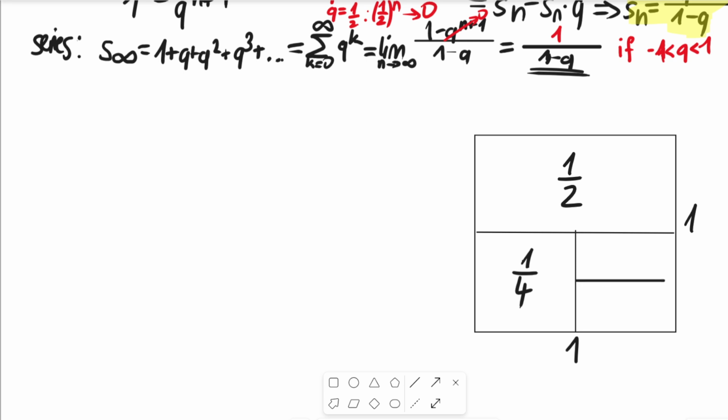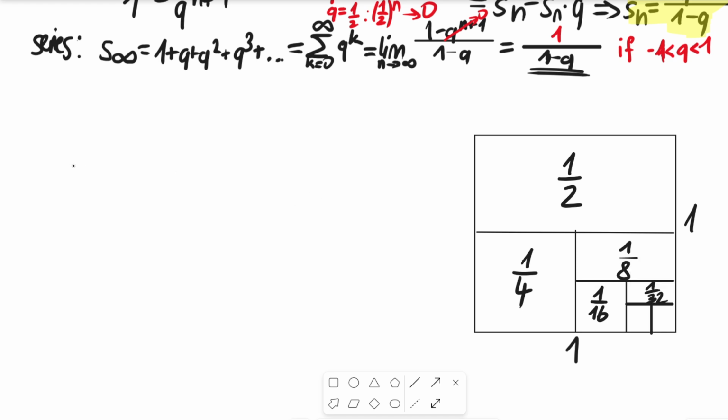Split again. 1 divided by 8 here. Split this part again. 1 divided by 16. And again. And then I stop because I cannot write anymore. But you continue splitting, always into two similar or the same parts.